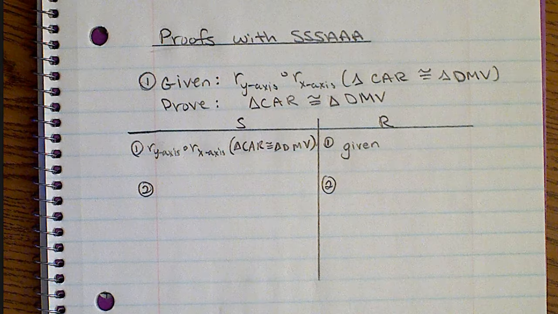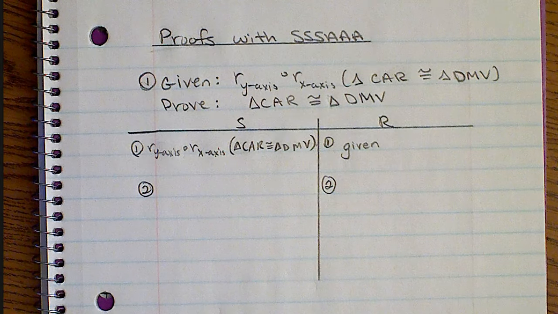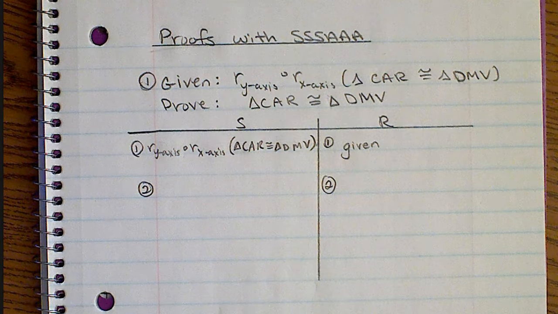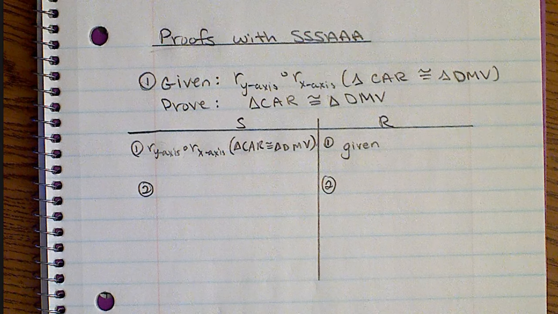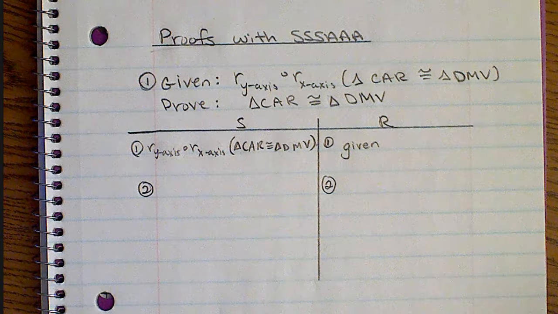So if you recall, the properties preserved under reflections. We talked about how angle measure stayed the same, and we talked about how distance stayed the same. Because even though you're reflecting a shape, you're not actually changing its side. And so those are the 2 reasons that we're going to use when doing these proofs.